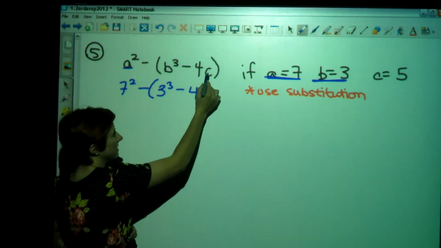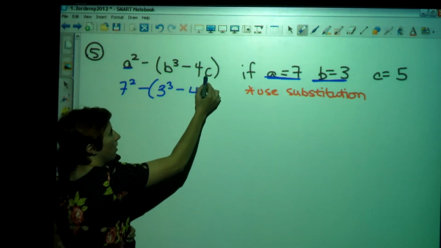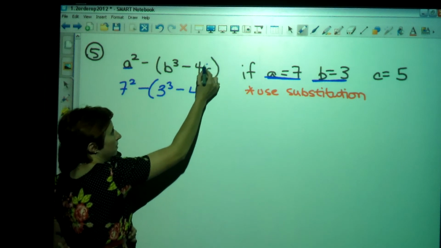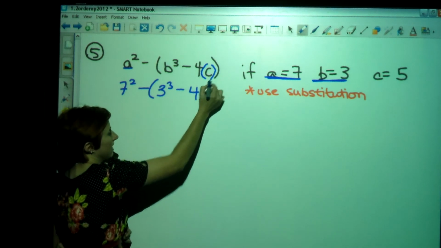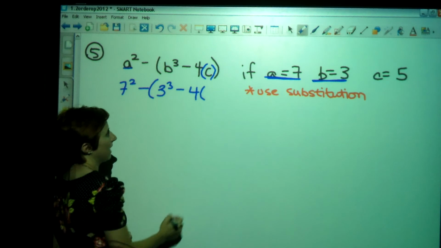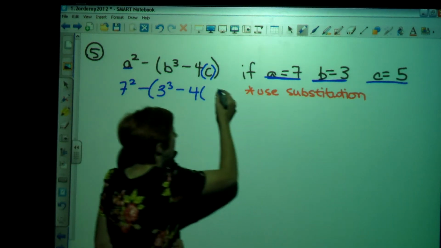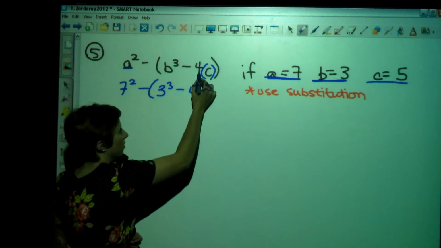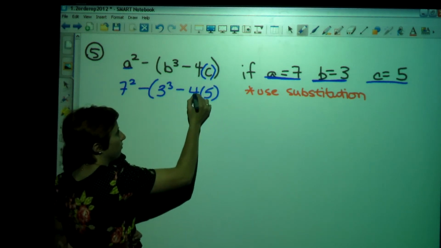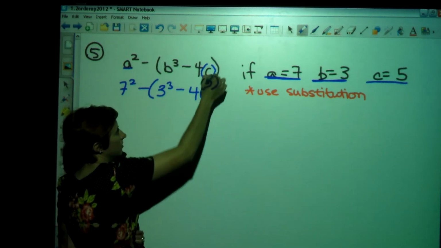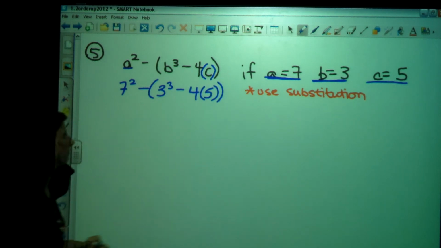If 4 and c are side by side, that means they're being multiplied. So I'm going to put this one inside another parenthesis to make them side by side. And c is 5. So if that's 4 times c, down here it's going to be 4 times 5. And I'm going to close it with my last parenthesis.